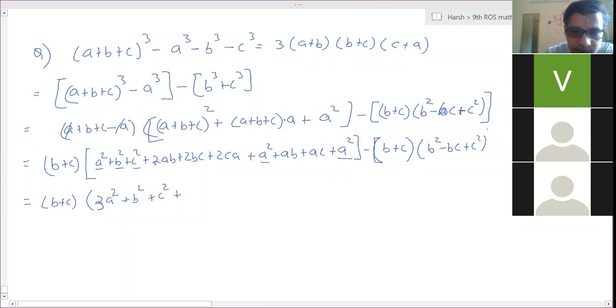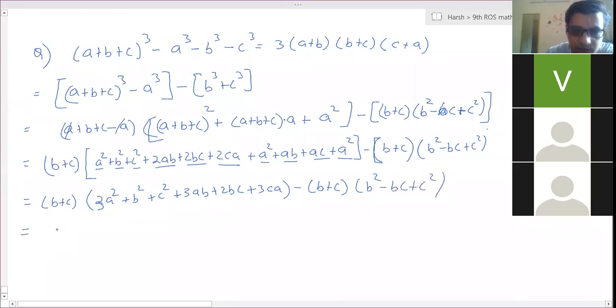Then 2AB plus AB, 3AB. Then plus 2BC, and 2CA plus CA, 3CA, right? Minus B plus C into B square minus BC plus C square, right?